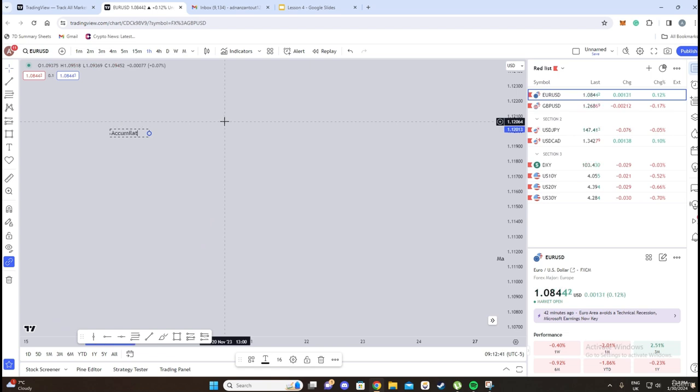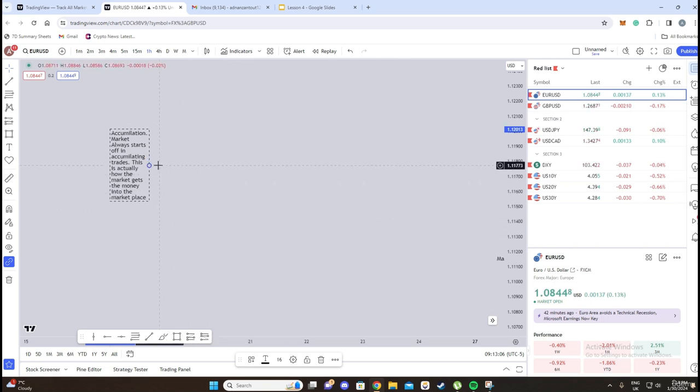Our accumulation. The market always starts off accumulating trades. This is actually how the market gets the money into the marketplace.